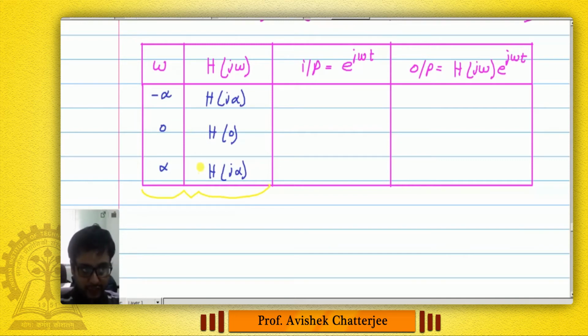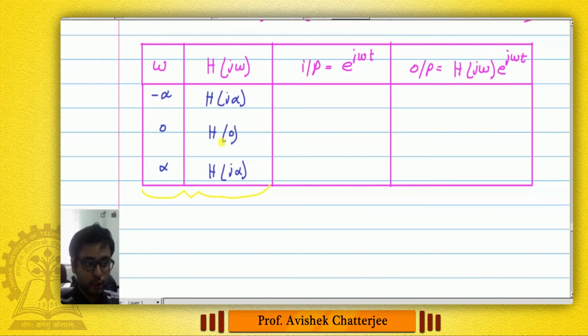If I have these two columns at my disposal, then given any input, I can break it into a sum of exponential inputs like this, and then for each such component, the output will be the same input component multiplied by these constants, and then I can add all the component outputs.